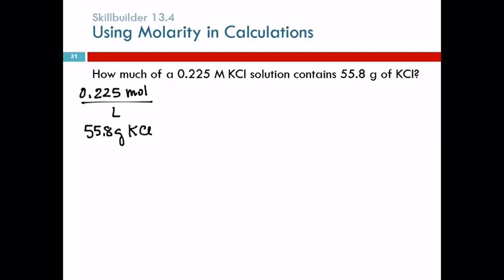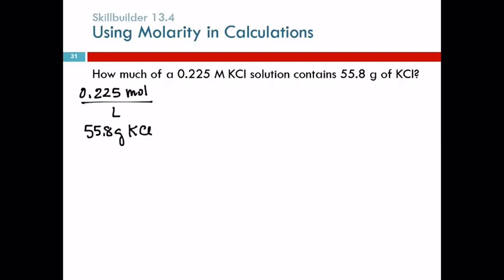What are they asking us? How much solution? I don't like how this question is worded. Well, do they mean mass? Do they mean volume? It doesn't say. What would be the easiest?